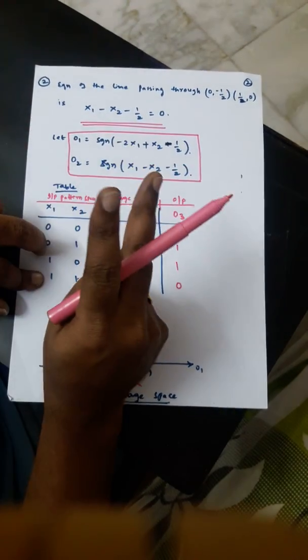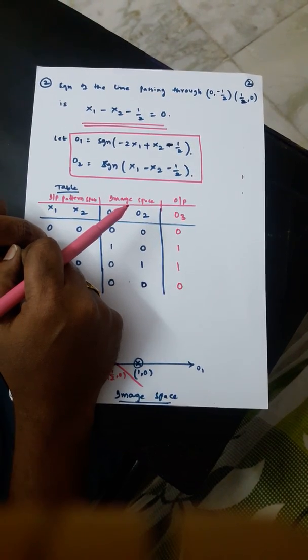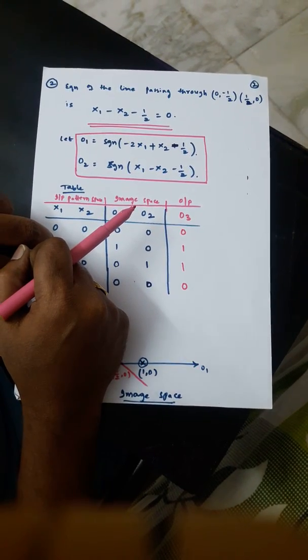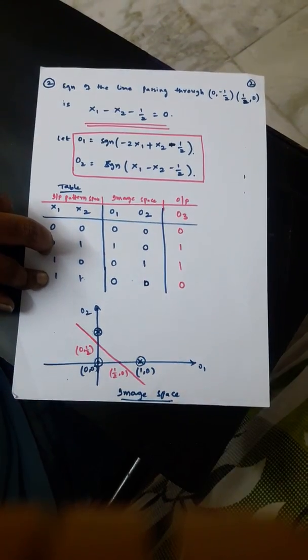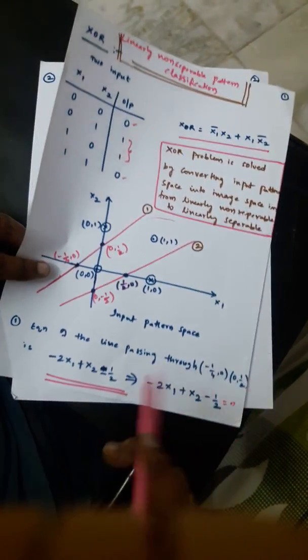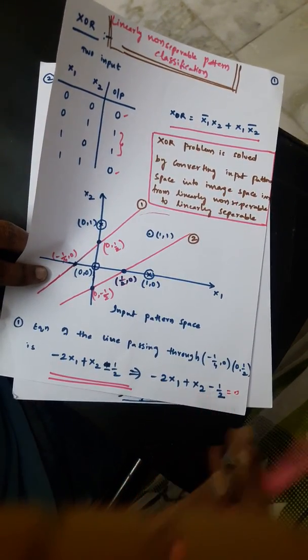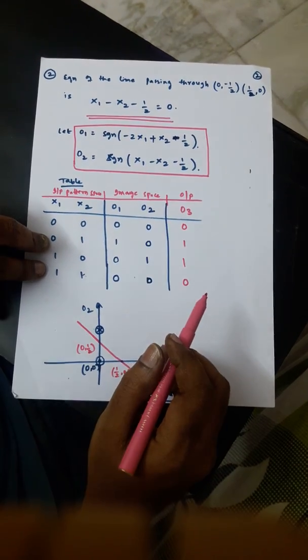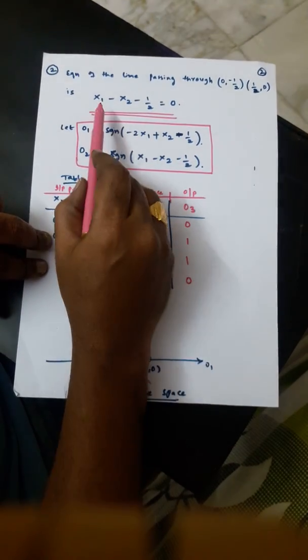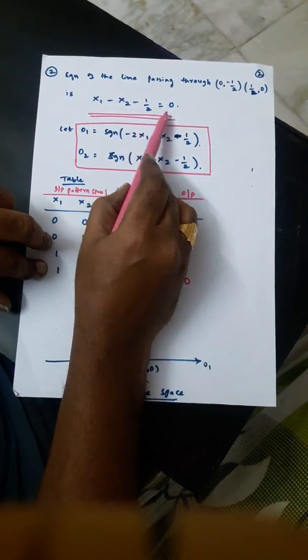So I have obtained two equations. Let me name them O1 and O2. O1 is minus 2x1 plus x2 minus 1 by 2 equal to 0, and O2 is x1 minus x2 minus 1 by 2 equal to 0.